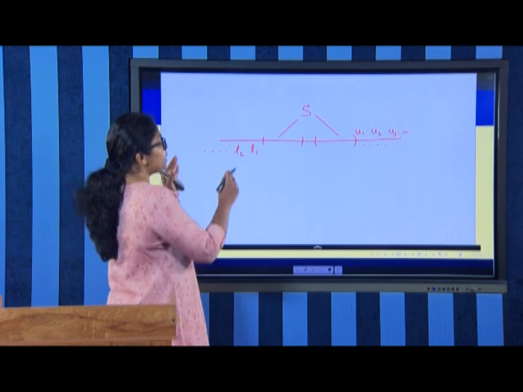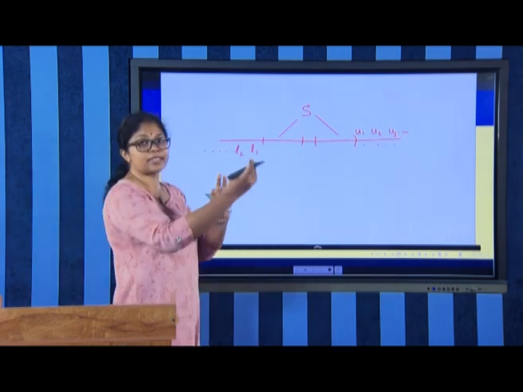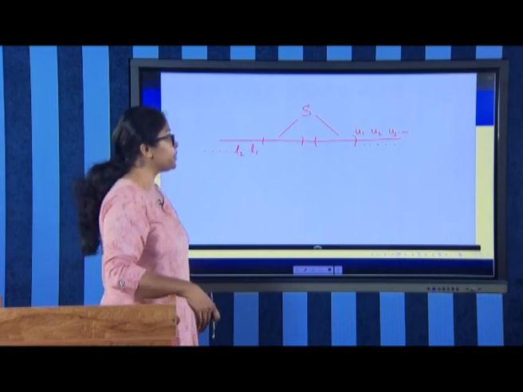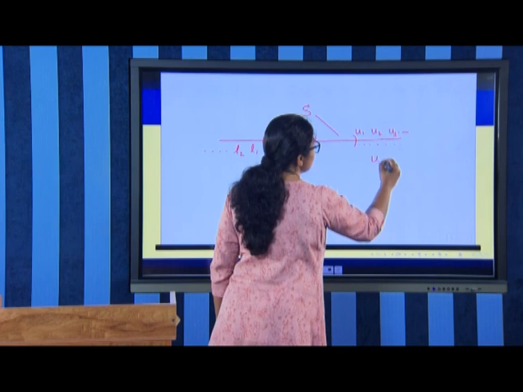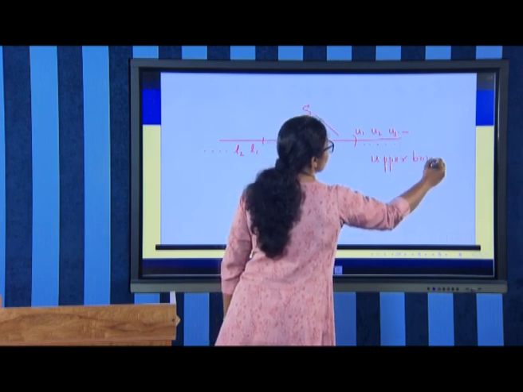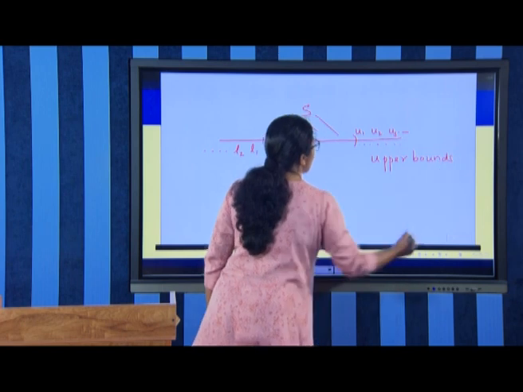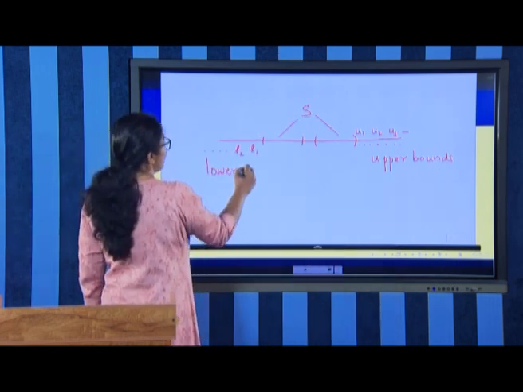These on the right are called the upper bounds of the set S, whereas these on the left are called the lower bounds of the set S.